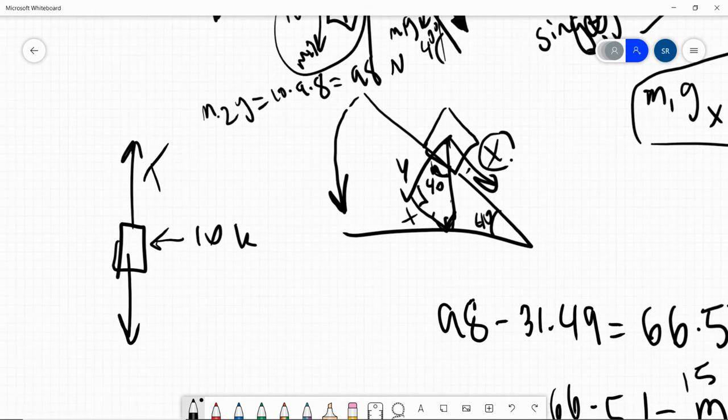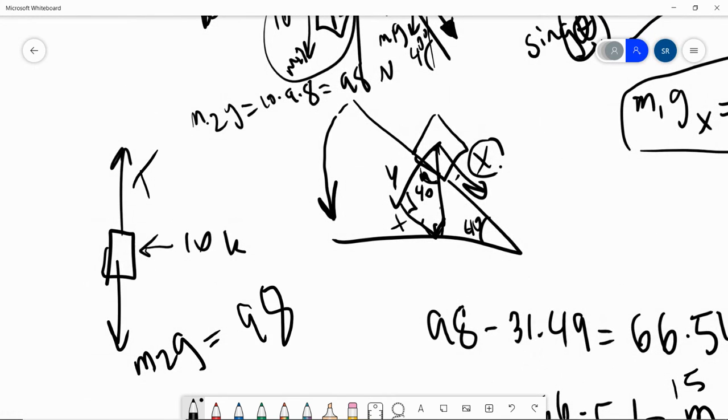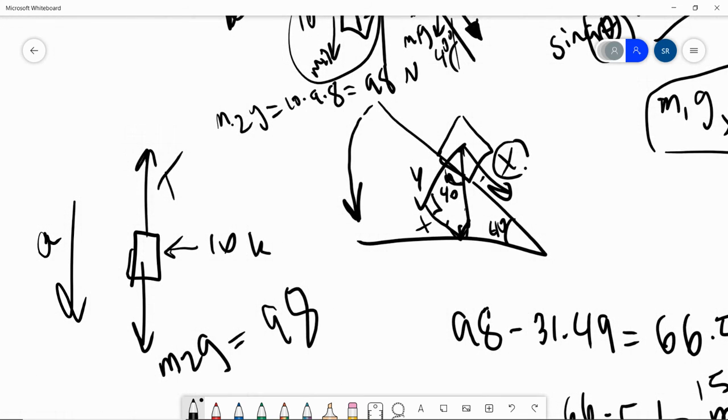What we have is a free fall M2G, which is equal to, as we defined it, 98. And then we have what we can observe. What we observe at this acceleration is M2A, which is going to be the force that this box actually is going to feel as it falls.